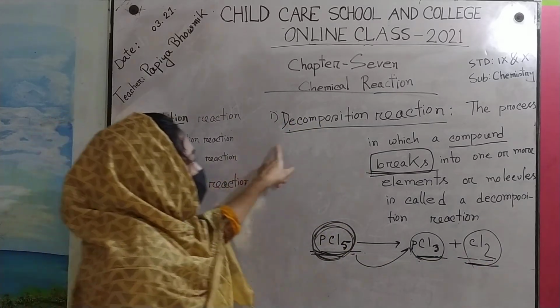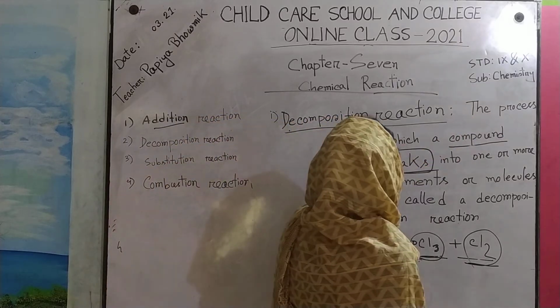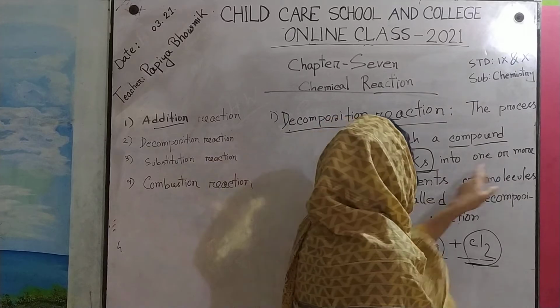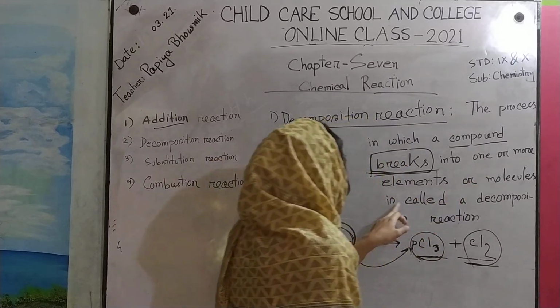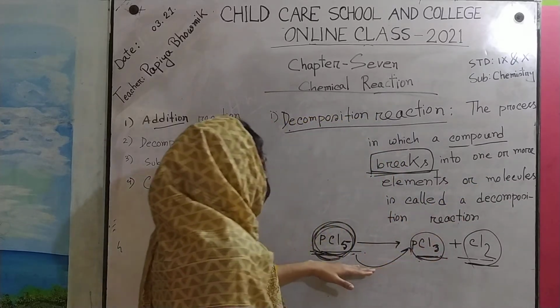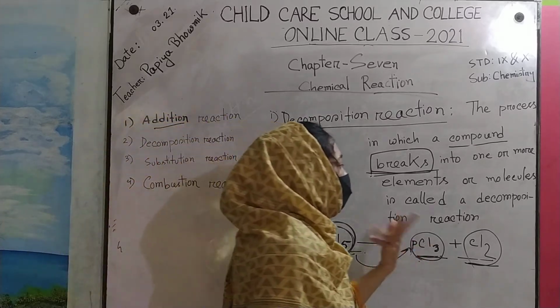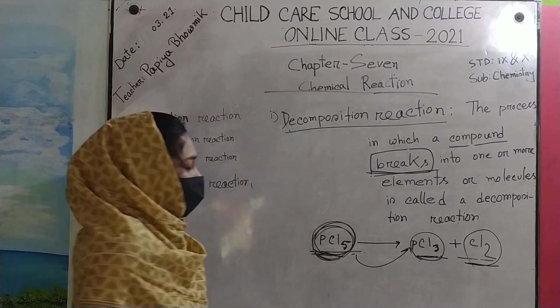So decomposition reaction means the process in which a compound breaks into one or more elements or molecules. Here the compound breaks and we get two or more elements.